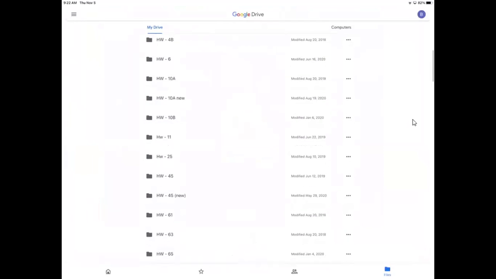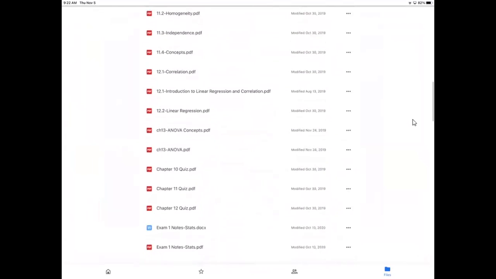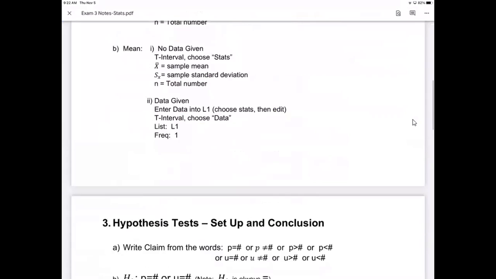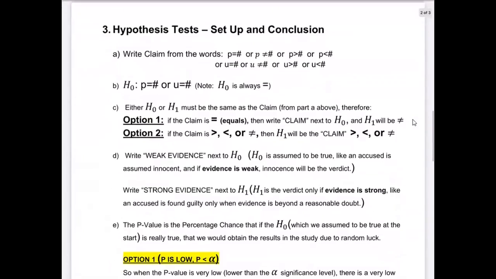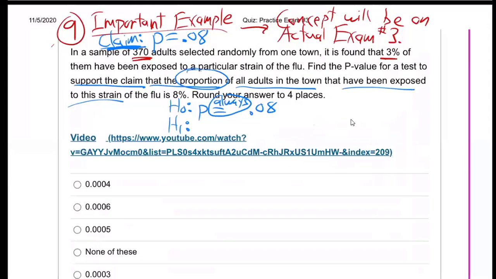So I'm going to go to the notes. Let me find it here. The exam 3 notes, which are meant to be helpful to you. And it's going to tell us exactly what we do with the hypothesis test in this situation.